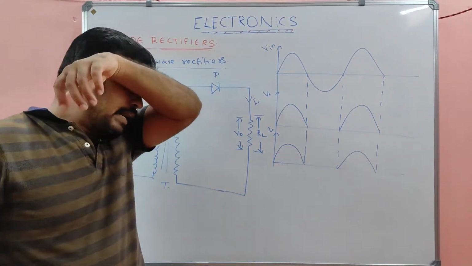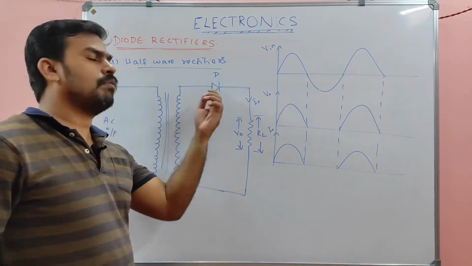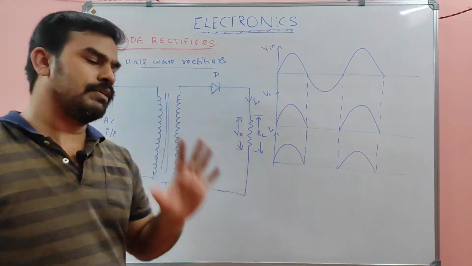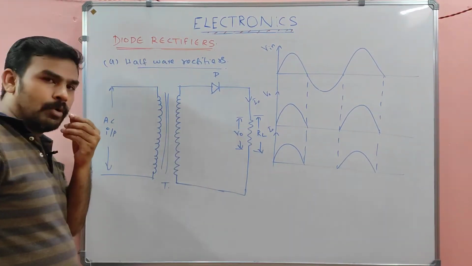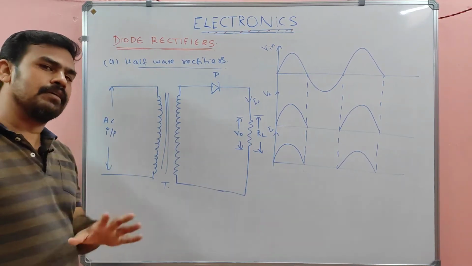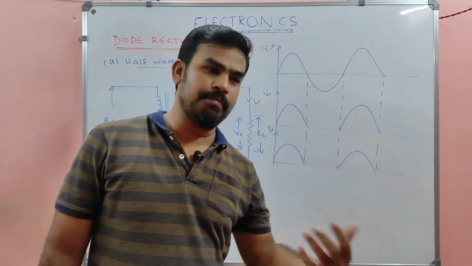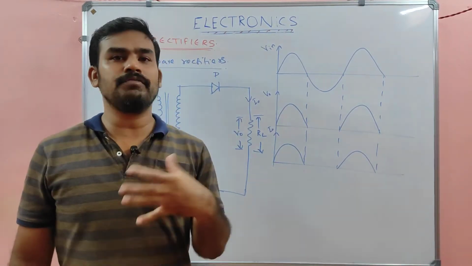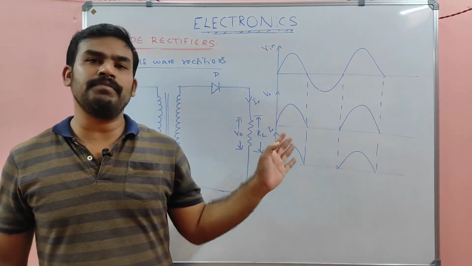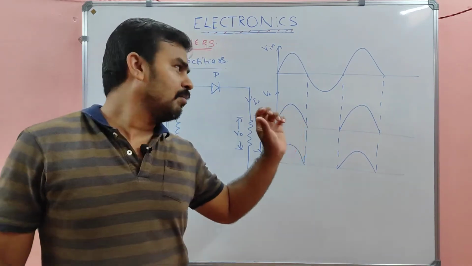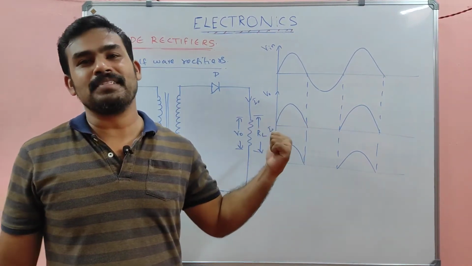In a half wave rectifier we require only one diode, just one diode. How it operates, you already know. If you are a BTech student, you already know that. If you are a diploma student, you have to learn from the basics, but for a BTech student we learn it from many situations where it crosses.